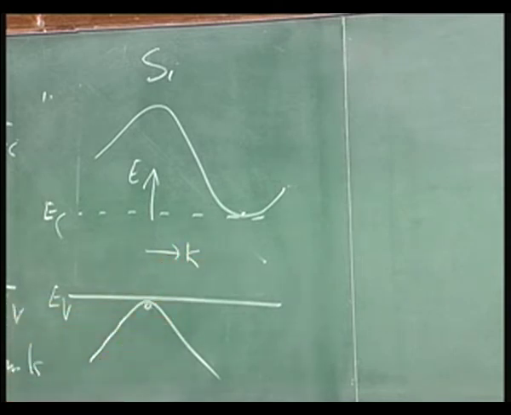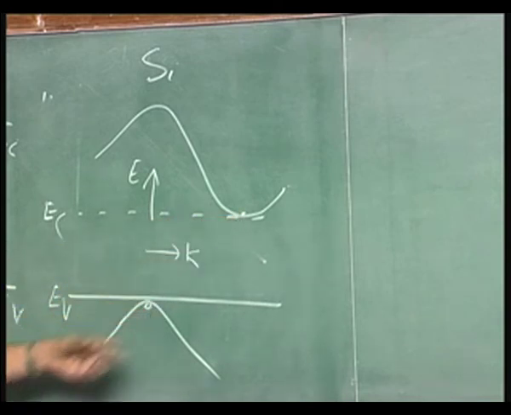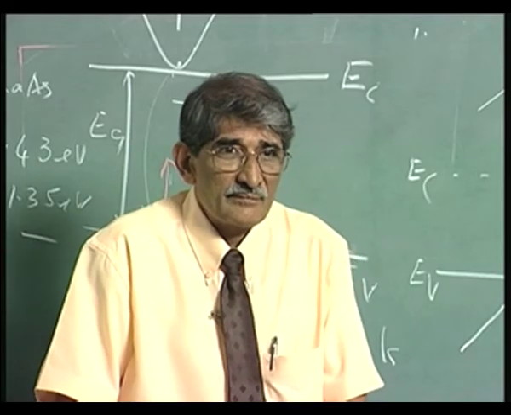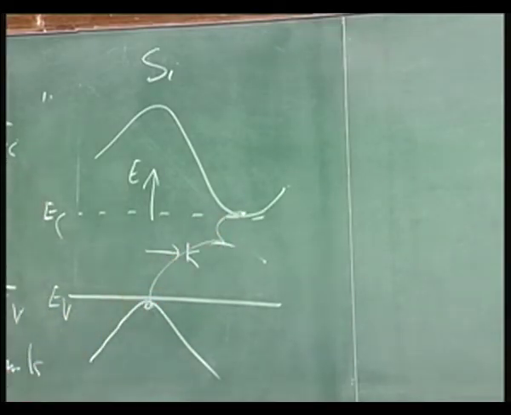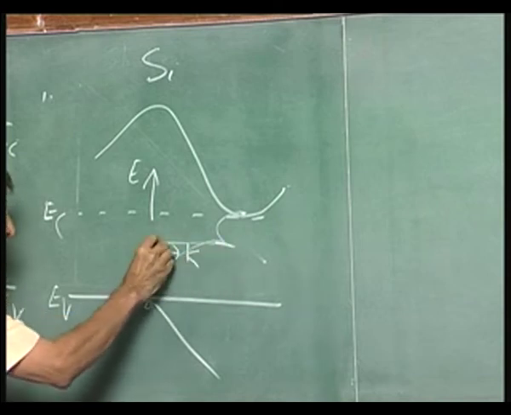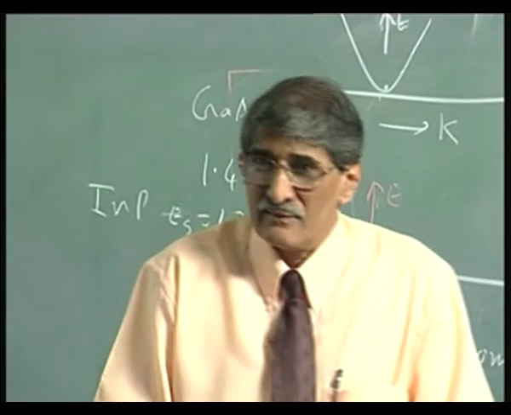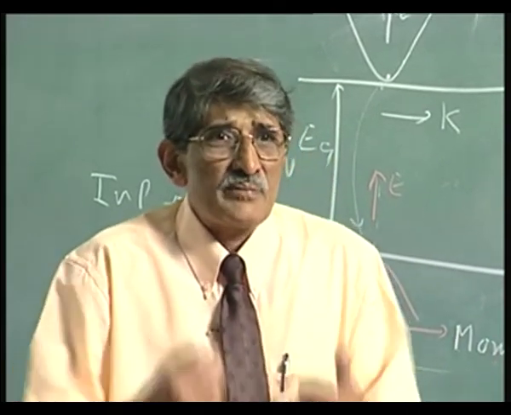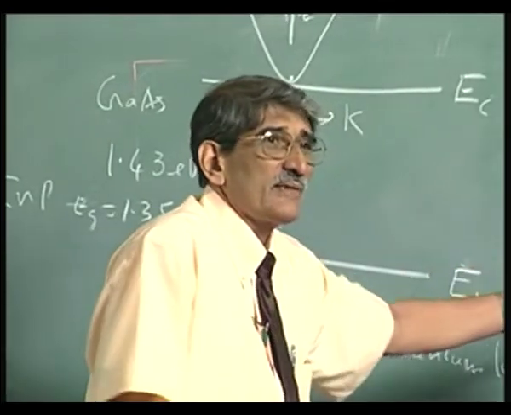As a result, the transitions directly from here to here do not take place. They will take place in two steps. That is, they will move down to one level here like this, then like that. And in this one level, they will just change their momentum and then make a transition. So, this is like a half step jump. Instead of one high jump, this is a half step jump.